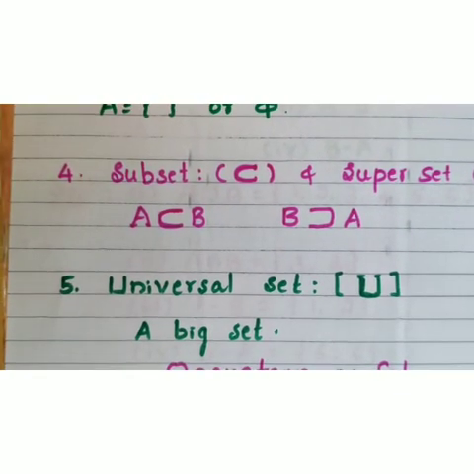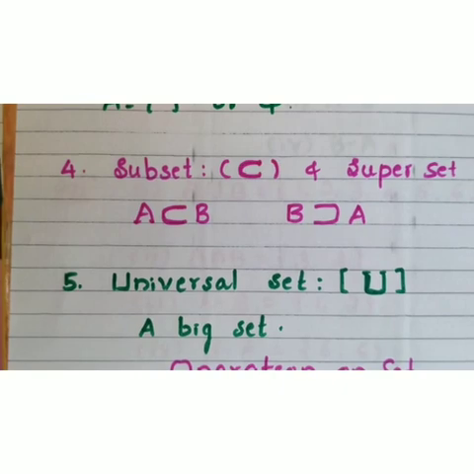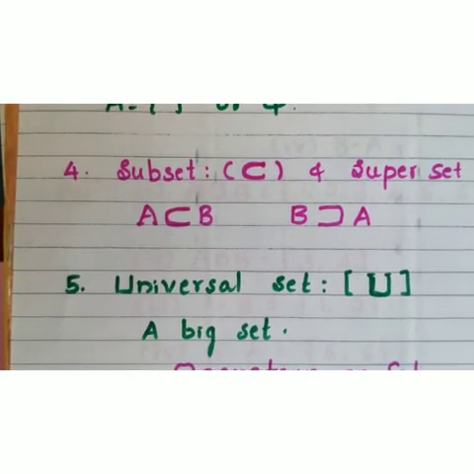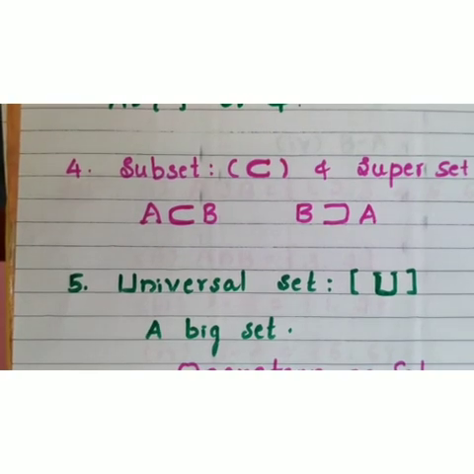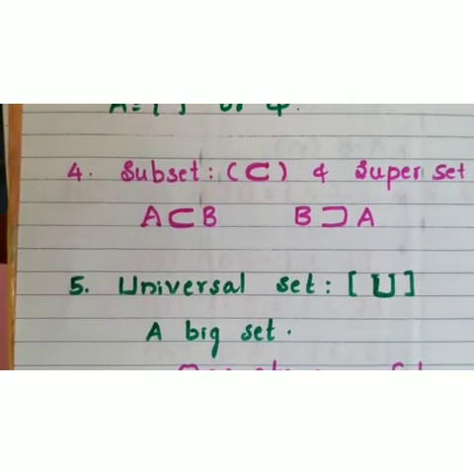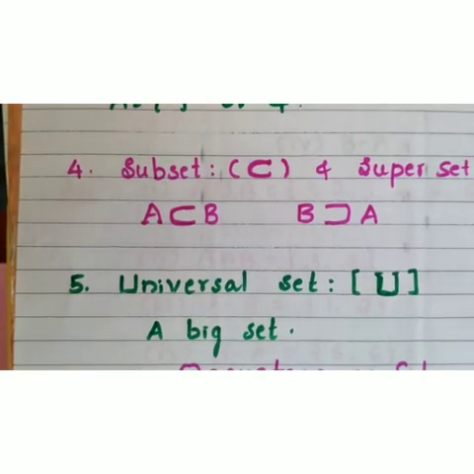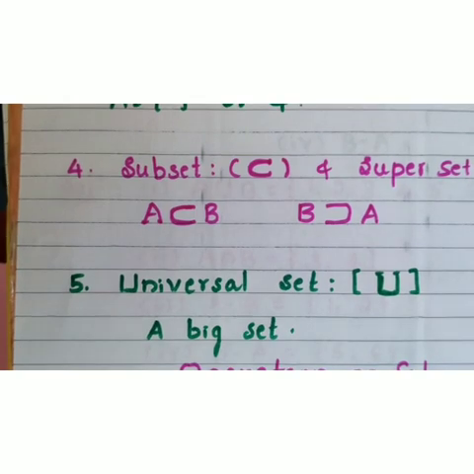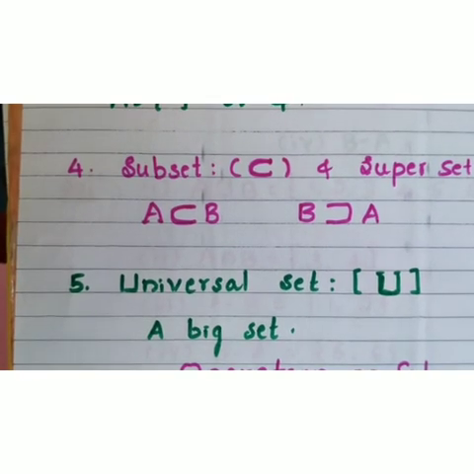Universal set is denoted by means of capital U. One simple sentence for this: universal set means a big set. On what basis can you say that it is a big set? It is a big set means it is possible to form a number of subsets.